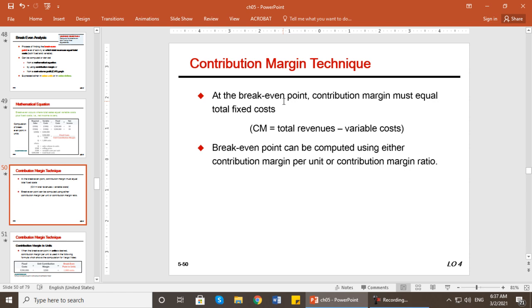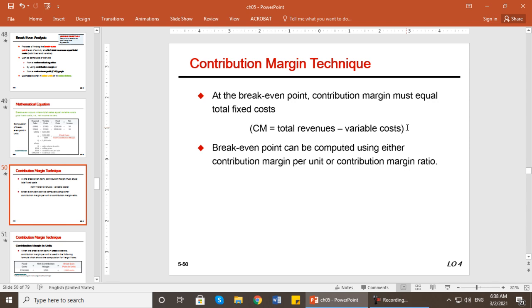At the break-even point, contribution margin must equal total fixed cost. At the break-even point, contribution margin equals fixed cost. Contribution margin equals total revenue less variable cost.